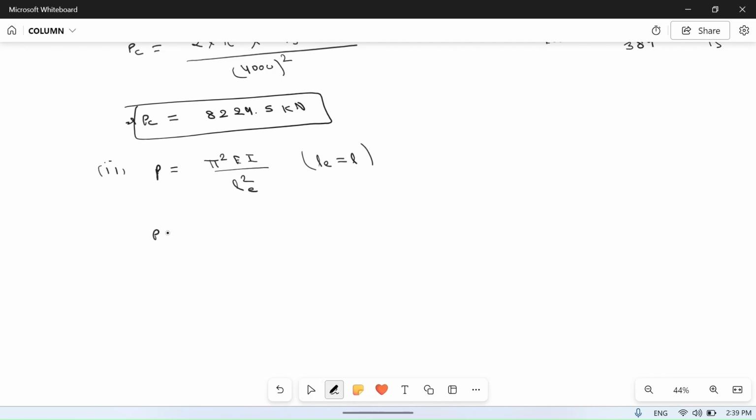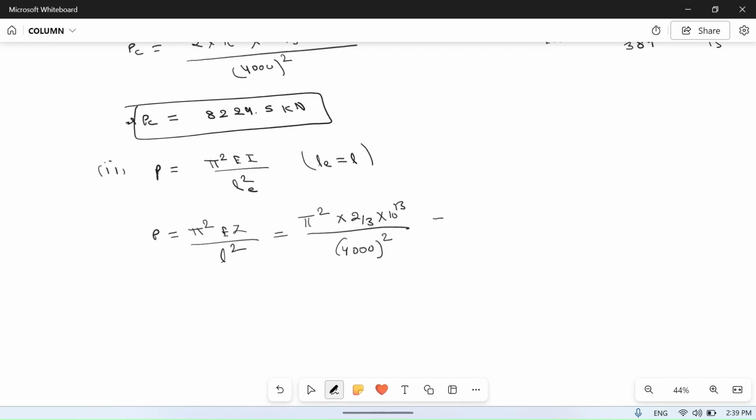We put the values: P is equal to pi square EI upon L square, which is pi square into 2 by 3 into 10 to the power 13 divided by 4000 square.